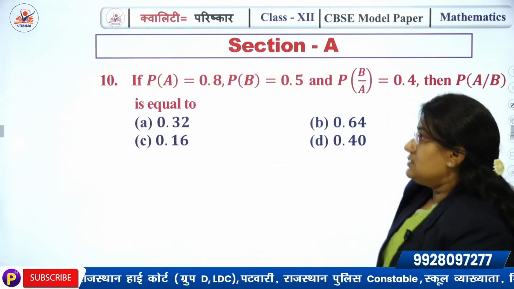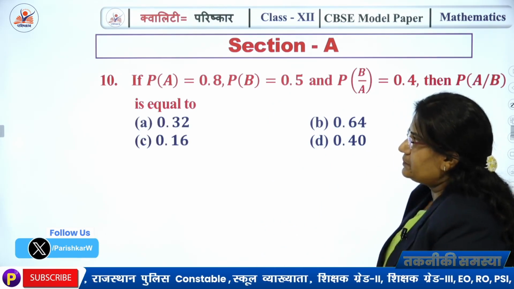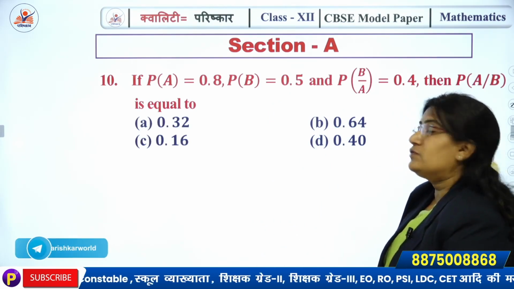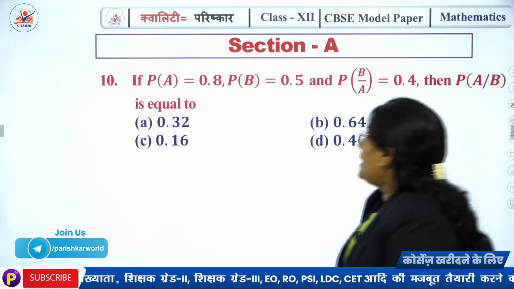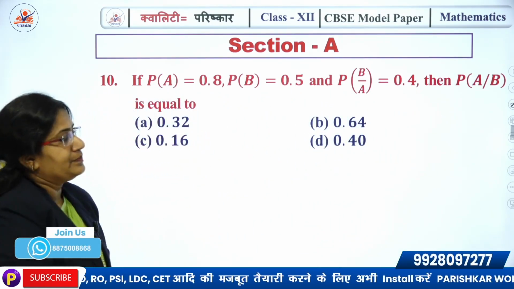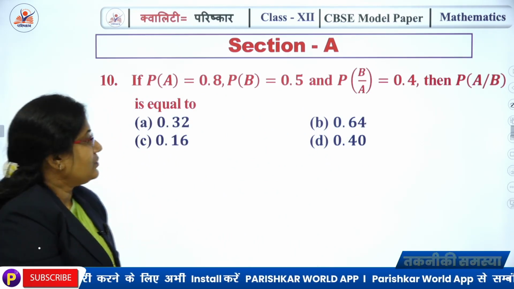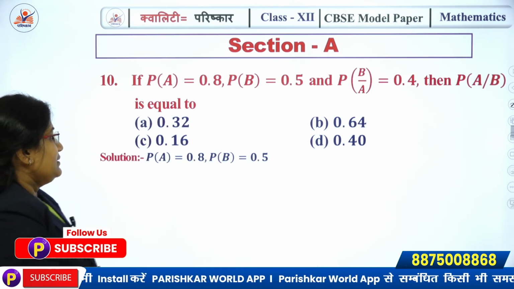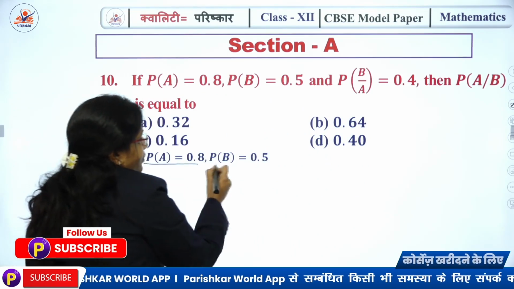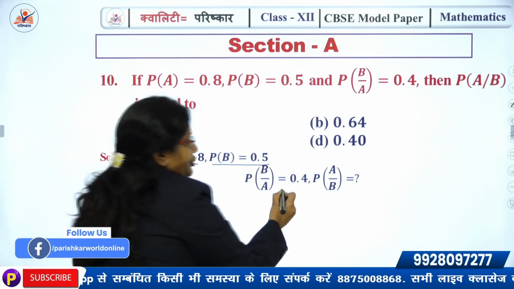Next question is, if probability of A is equal to 0.8, probability of B is equal to 0.5 and probability of B by A is 0.4, then what is the probability of A by B? Students, you can see the given values are probability of A and probability of B, and probability of B by A is given 0.4.